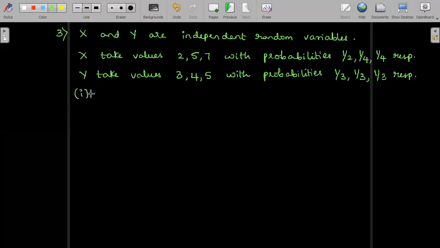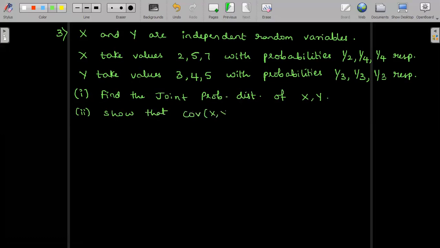First part of the problem, find the joint probability distribution of x and y. We can say JPD for short, joint probability distribution of x comma y. And the second part of the problem, show that covariance of x comma y is equal to 0.